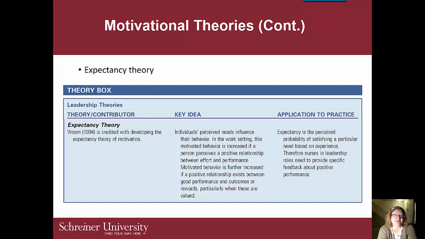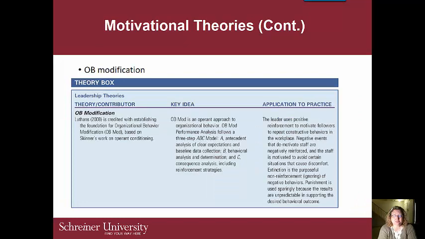Expectancy theory: you provide feedback about positive performance. The perceived need to the employee is what influences the behavior. OB modification, this is organizational behavior. Rewards motivate employees to continue the desired behavior.